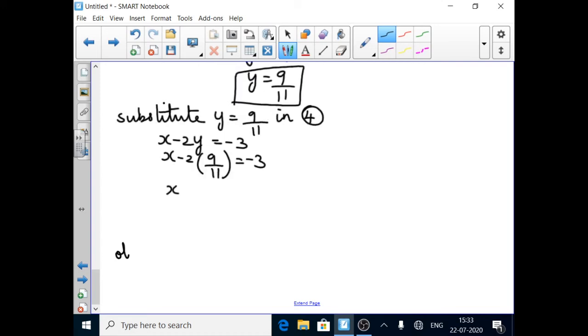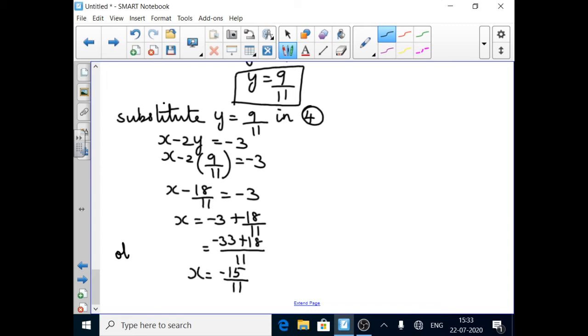Then x minus 18 by 11 equal to minus 3. x equal to minus 3 plus 18 by 11. Take 11 as LCM. It is minus 33 plus 18. Subtract, then minus 15 by 11. x equal to minus 15 by 11.